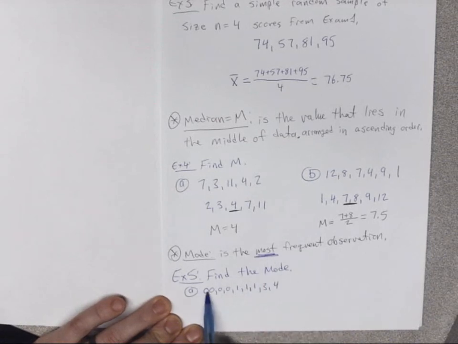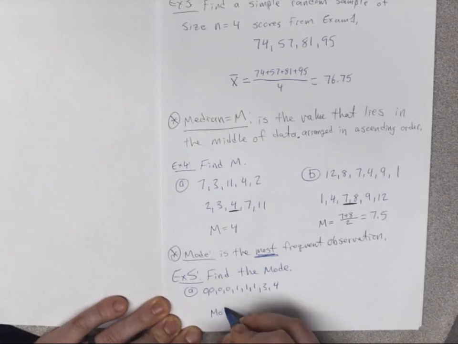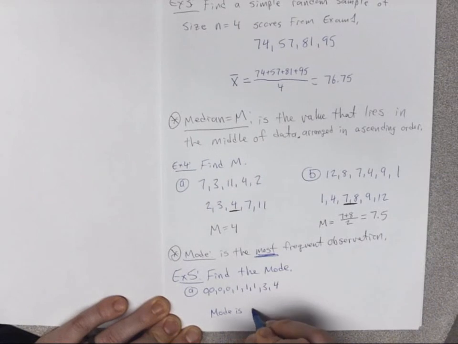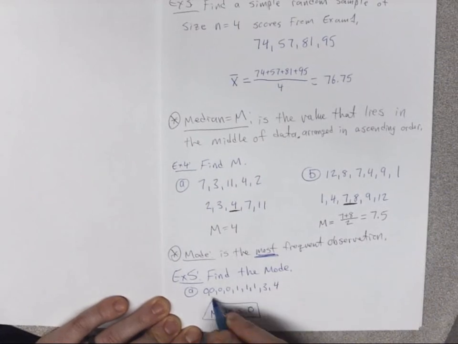So you see that you have 1, 2, 3, 4 zeros, 1, 2, 3 ones, a 3, and a 4. So you could draw a T-chart and do tally marks if you needed to, if it's a larger set of data. But here we can see that the mode is 0 because 0 occurred the most.